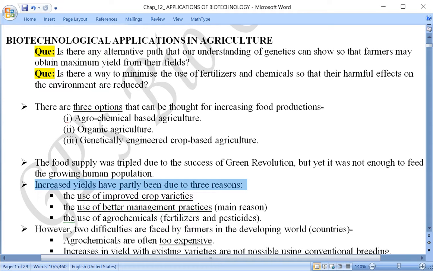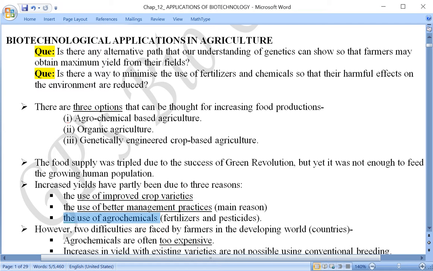First one is the use of improved crop varieties. This is the first reason why the food supply was tripled. The second one is the use of better management practices. And the third one is the use of agrochemicals.